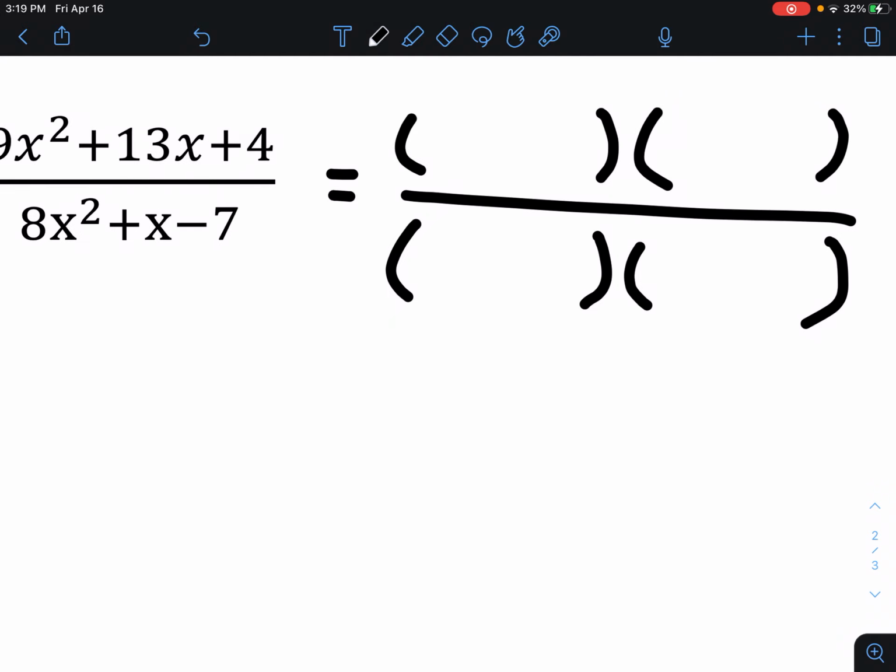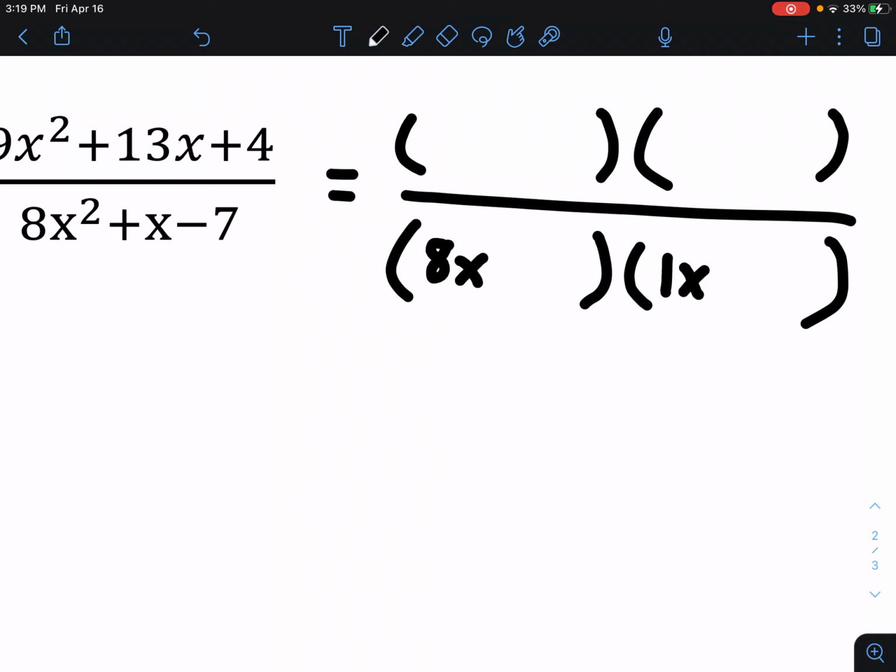I look at that denominator and I say, I'm pretty confident that this is going to be 8x here, 1x here. I didn't say it up above, but you don't necessarily have to write that 1. You could just write an x if you wanted to, but I like to write the 1 sometimes. And then I have to get to a -7. There's only one way to make a -7.